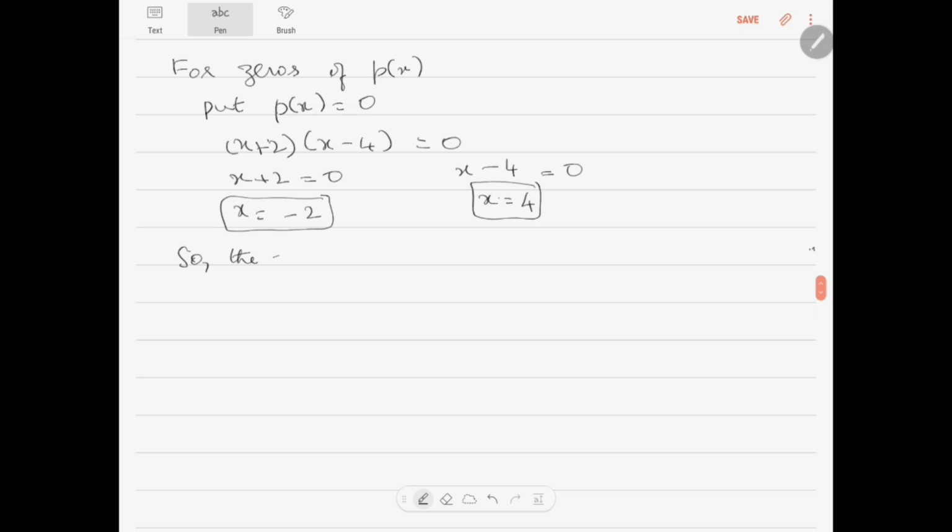So the zeros of p of x are 4 comma minus 2.